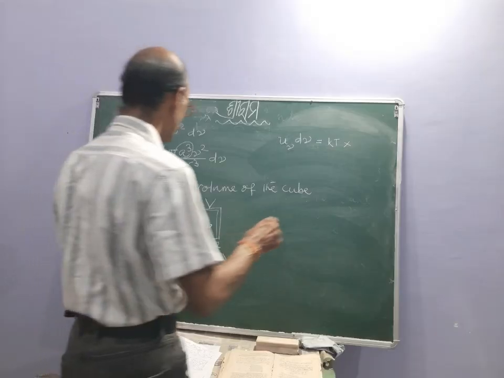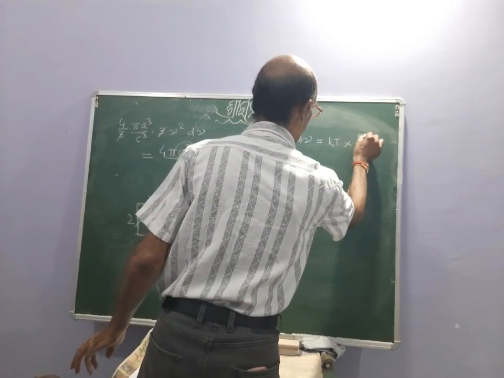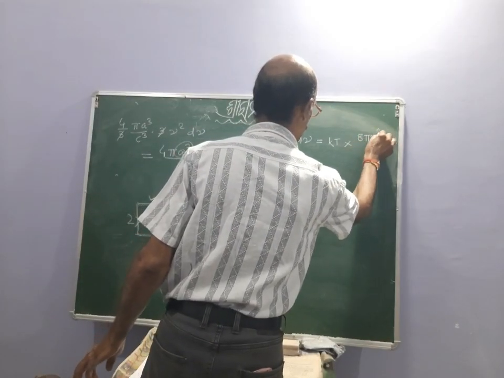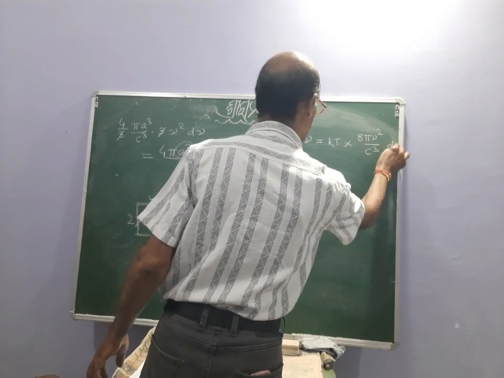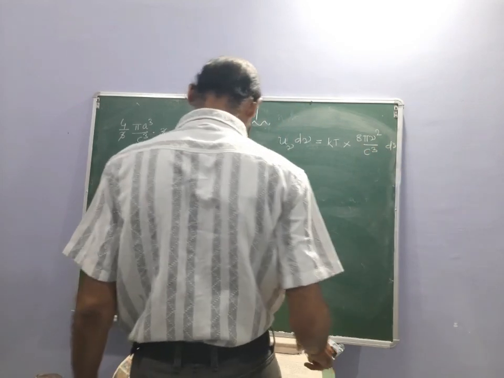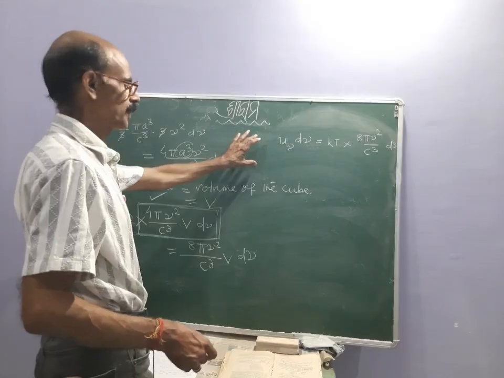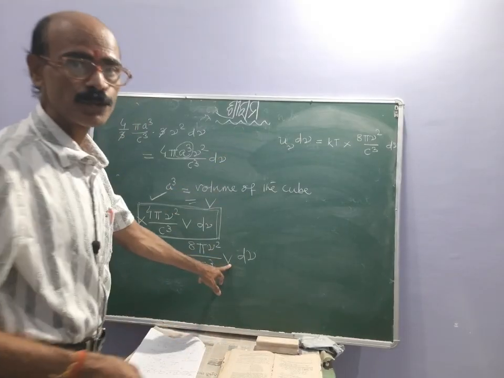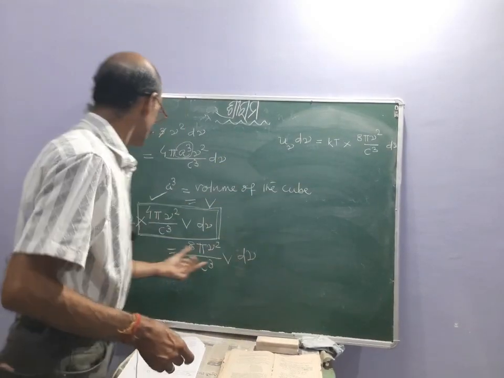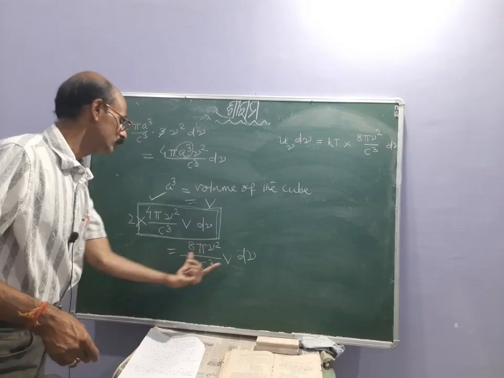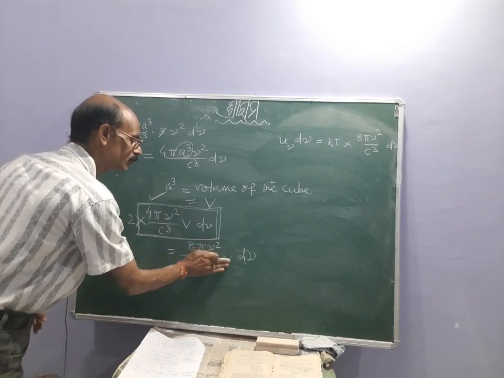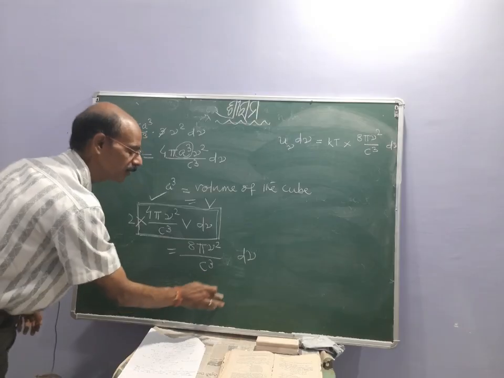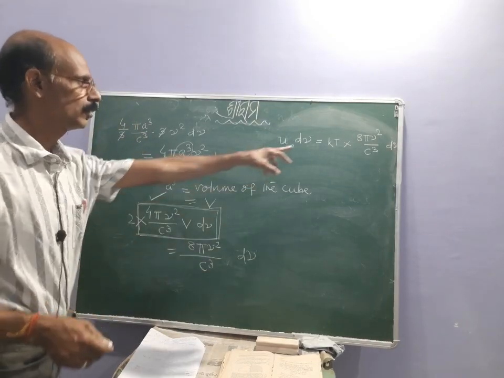So per unit volume it will be 8 pi nu square by c cube d nu. I have left this V because this is for V volume, the number of sets of modes of vibration. Per unit volume it will be divided by V, so V will cancel out.